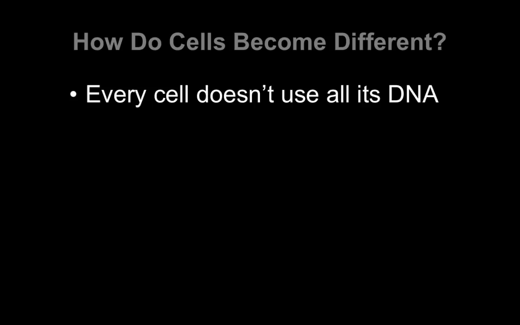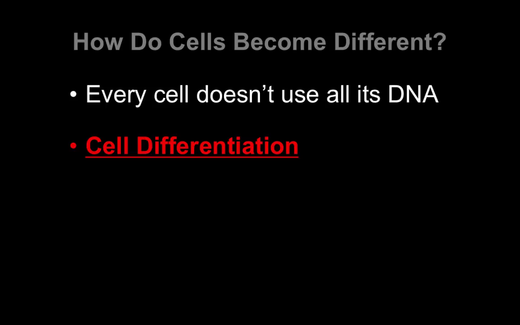And the answer is simple. Every cell just doesn't use all of its DNA. It basically has all the genes to make any type of cell, and it just uses the ones that it needs. And the process by which they become different is called cell differentiation. In other words, cells become different.